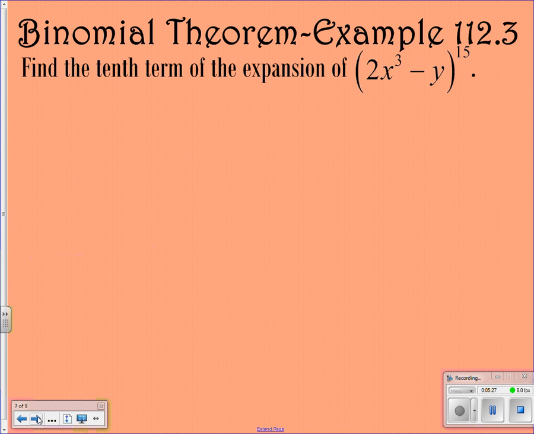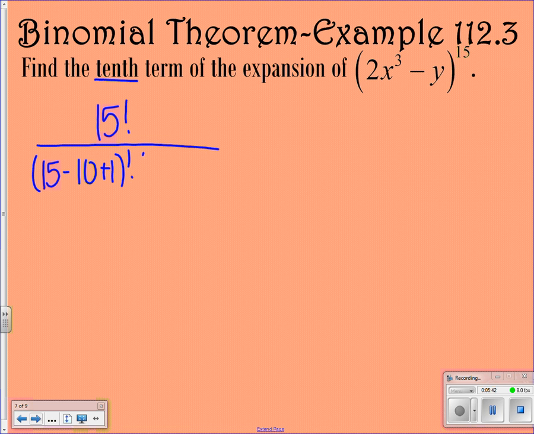So let's look at another one. We want to find the 10th term of the expansion 2x cubed minus y. So we're going to use our formula where our n is 15 and our k is 10 because we're looking for the 10th term. So we have 15 minus 10 plus 1 factorial, and then 10 minus 1 factorial. Now our f is no longer just an f. It's actually 2x cubed.